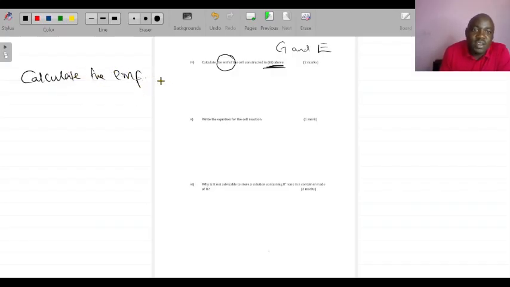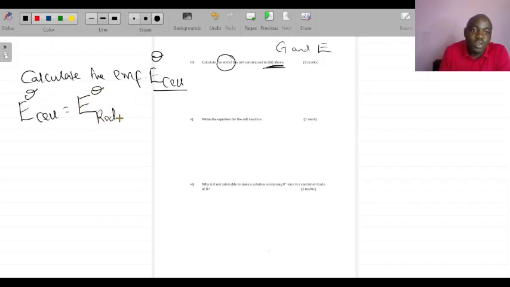The EMF, which you are going to see in most cases abbreviated like that, the E naught of the cell. We have a formula whereby the EMF is given by the electrode potential for reduction subtract the electrode potential for oxidation.